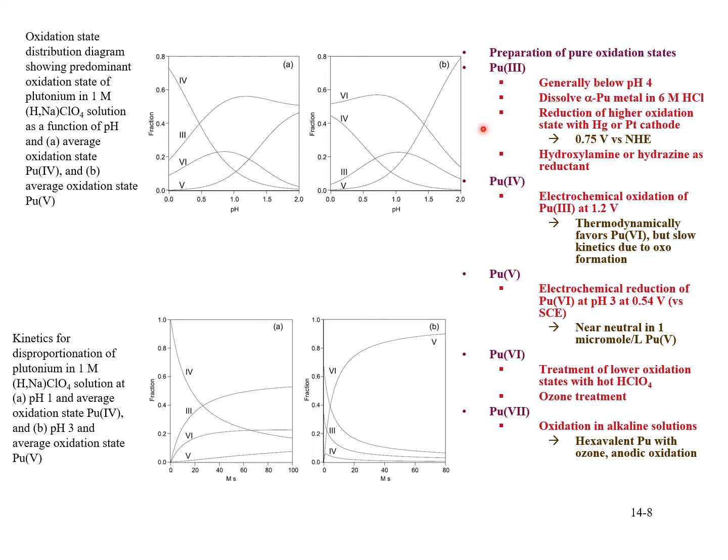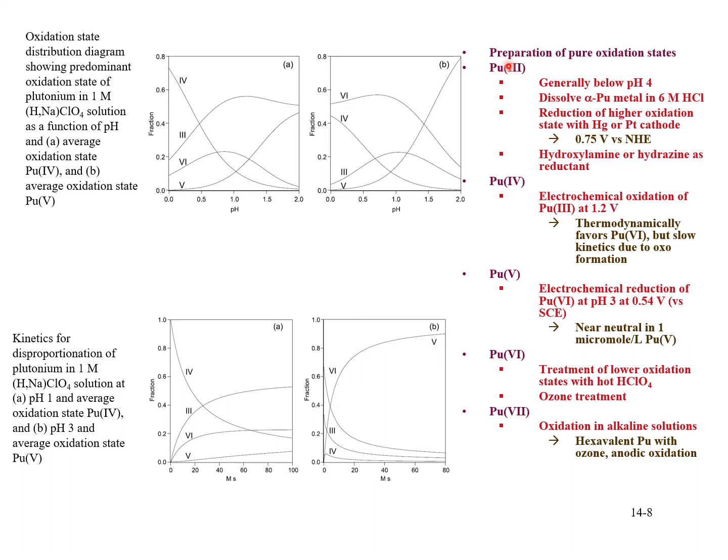Here are routes for producing different oxidation states of plutonium. These can be coupled with the redox information that was shown on the previous slide. This is the general route of making a given oxidation state, if you wanted a stock solution that was just one plutonium oxidation state.